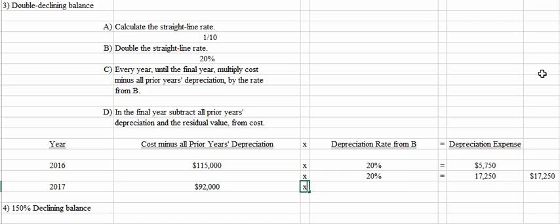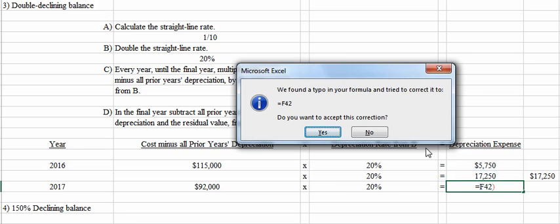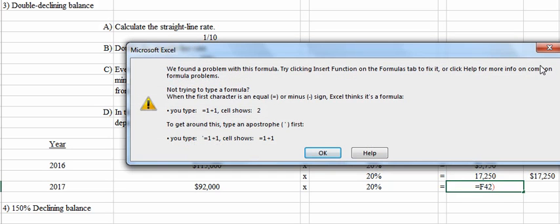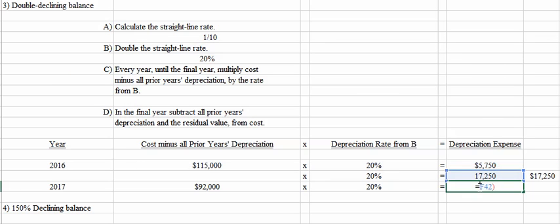Now let's get our total amount. Well, for the 3 months, I'm going to multiply by our 20% rate. So 2017's total depreciation will be equal to our 17,250 for the first 9 months. Okay, so there's the first 9 months depreciation. Now let's calculate the last 3 months depreciation.